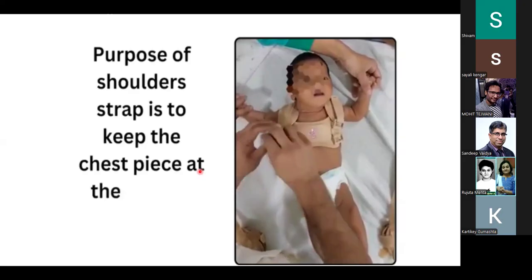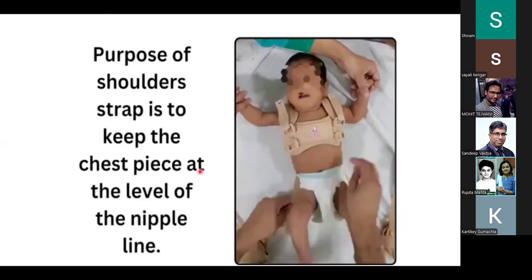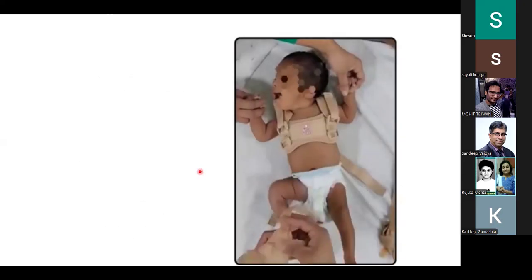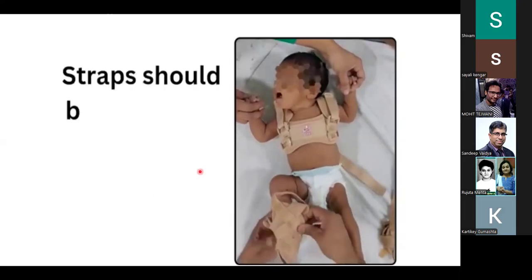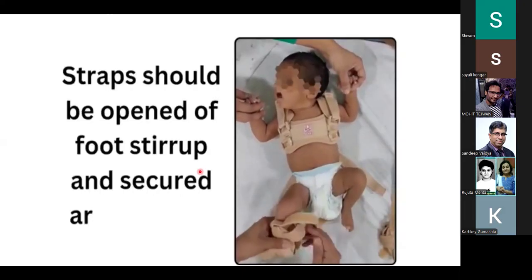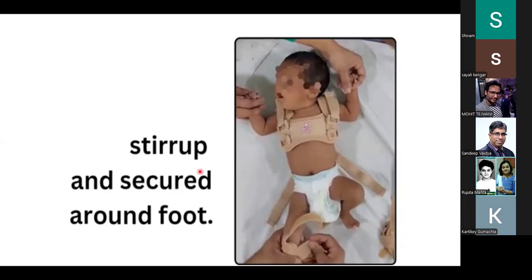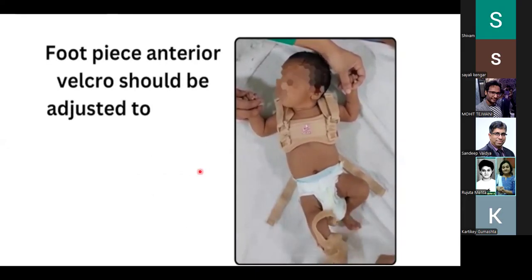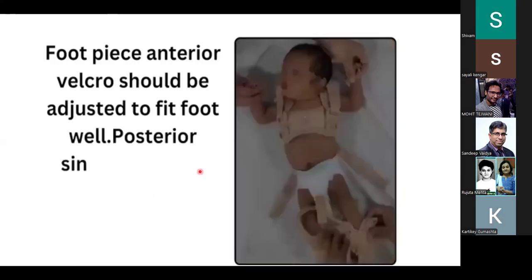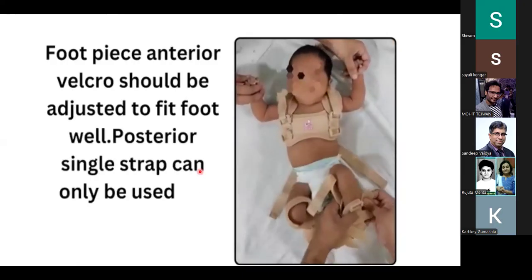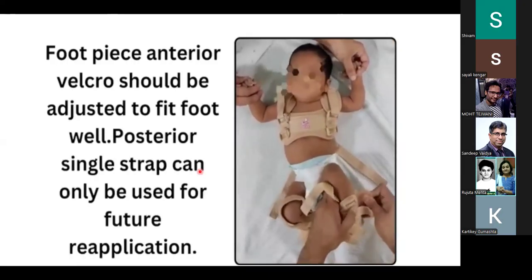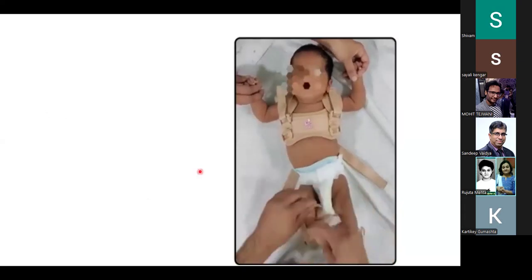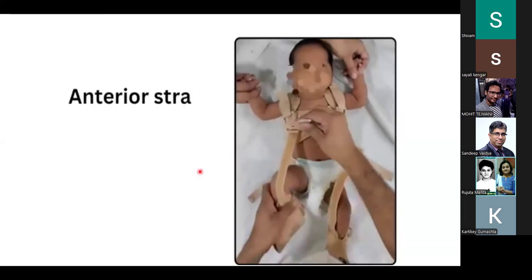The purpose of the shoulder strap is to keep the chest piece at the level of the nipple line. The strap of the foot stirrup should be opened and secured around the foot. The footpiece anterior Velcro should be adjusted to fit the foot well. The posterior single strap can be adjusted later.